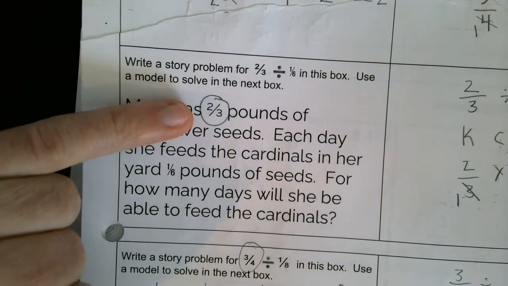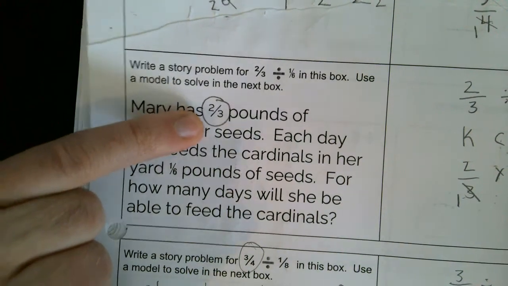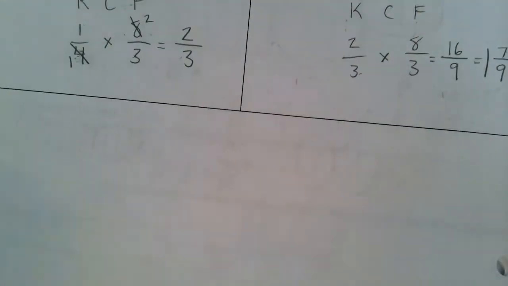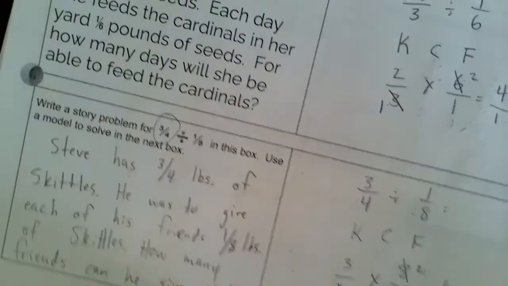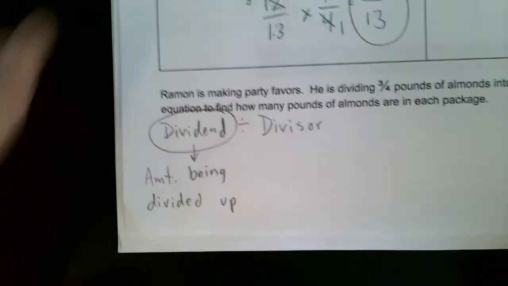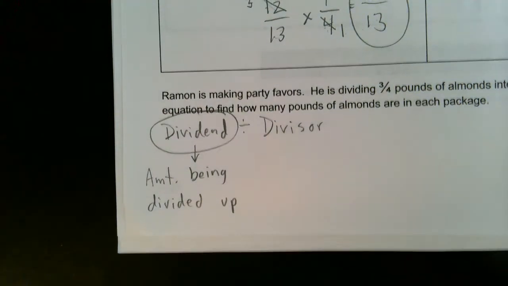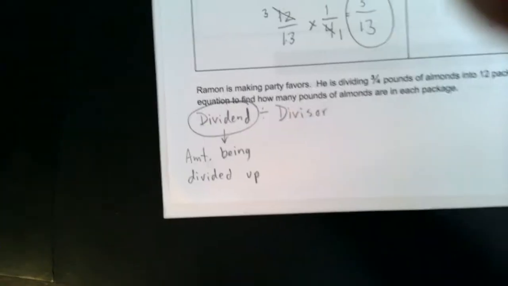So if I know that this is the amount she's starting with, then I know that's the dividend. That's the number being divided up. So when you're doing these division problems, it's a good idea to keep in mind that the dividend is the number being divided up, and that goes first. So as I read these problems today, that's what I'm going to be focused on, trying to identify what number is the dividend.